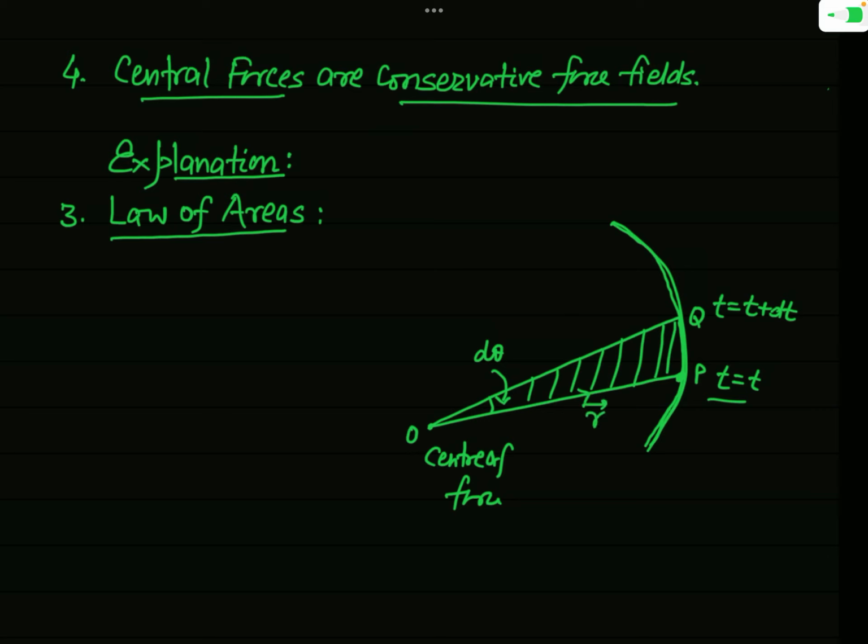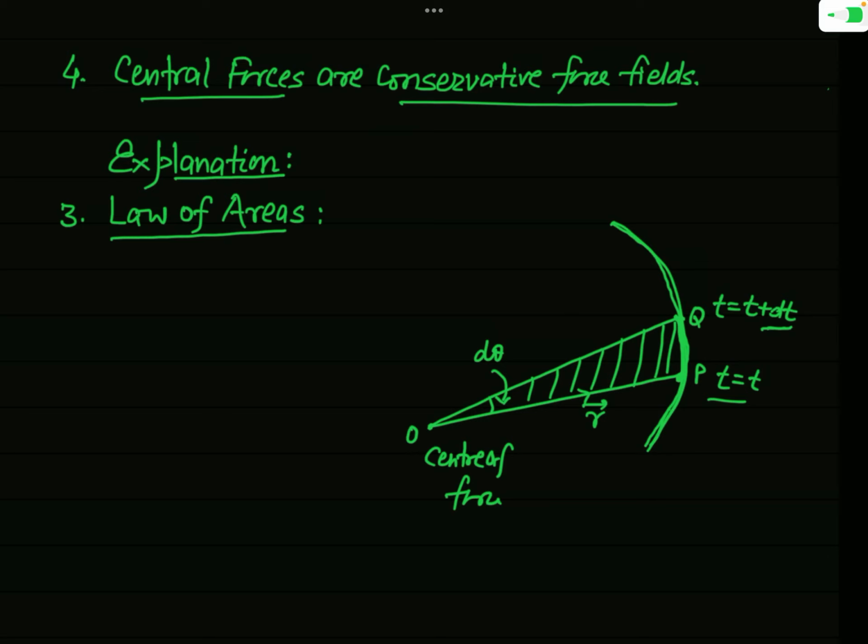Now after a very short interval of time, that is after an infinitesimal interval of time, let us say dt, the particle moves to this point Q. In general this PQ will be a curvilinear path, but if you consider that dt is very small, then this point Q will be very close to P, and if Q and P are very close to one another, then PQ will be almost straight.